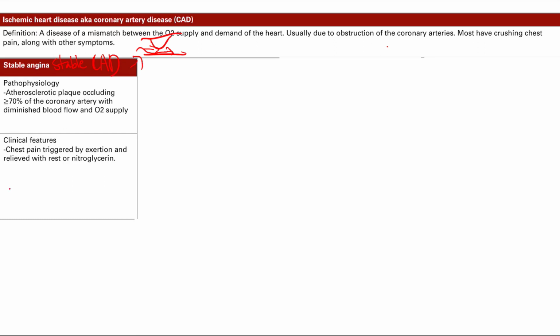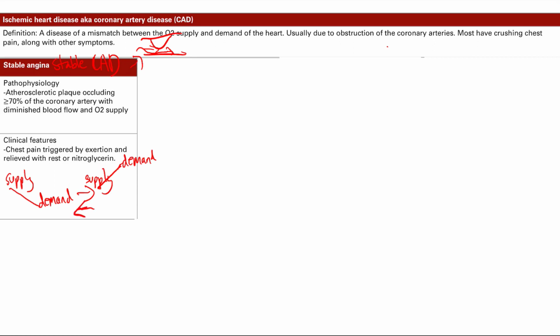So let's say normally you're sitting here, your demand is low when you're sitting, and supply is high. But when you kick it up a notch, that demand's going to kick way up while the supply stays the same, because your 70% is blocked, and your demand is going to outstrip your supply, and you're going to be feeling symptoms. When you rest, you're going to go back to this state. Your symptoms are going to go away.